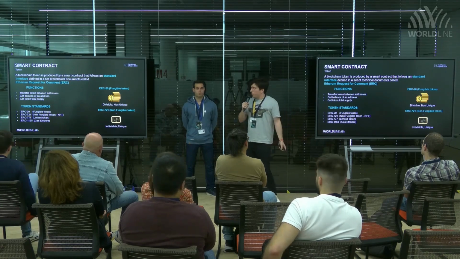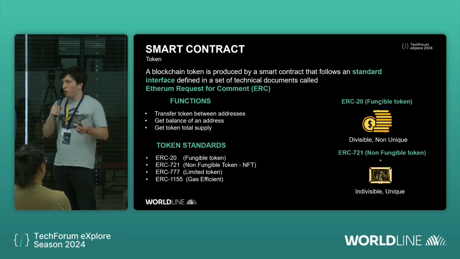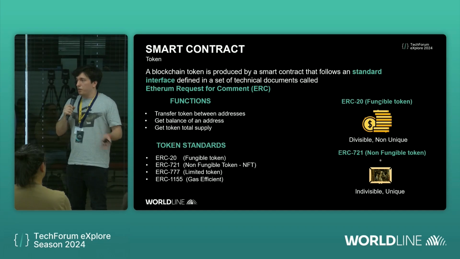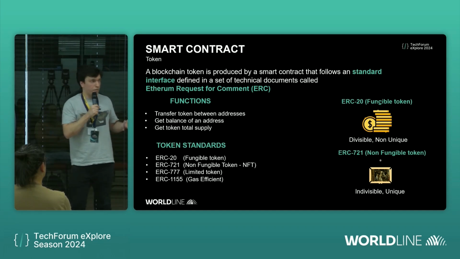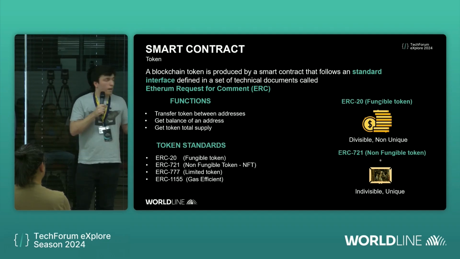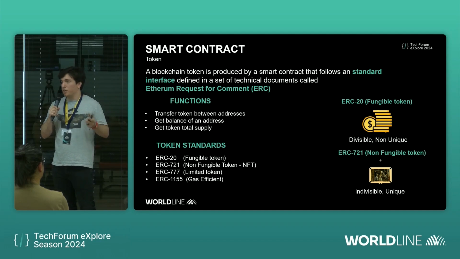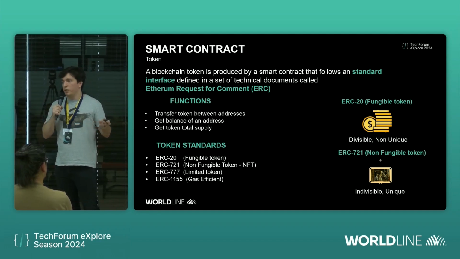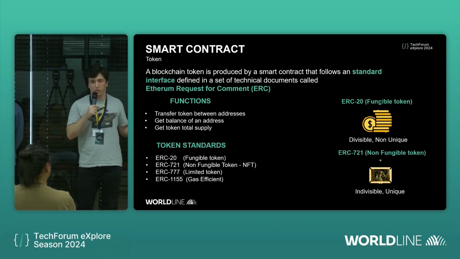And following this concept, we have the blockchain tokens, which are just the product of smart contracts that follow a specific technical standard that is written in technical documents called Ethereum Request for Comments. These smart contracts that follow those standards provide different functionalities, such as getting the balance of an account or transferring funds.